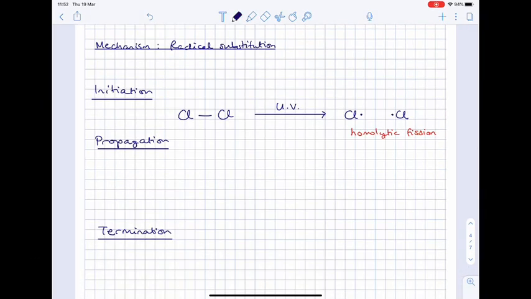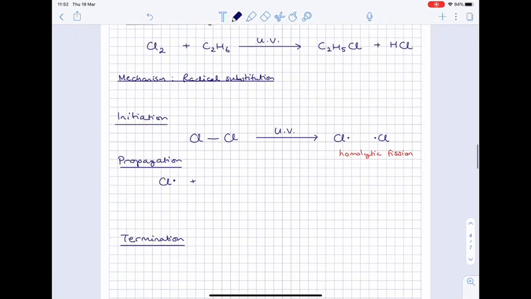We take the radical, we don't have both of them, just one of them, and start our propagation step. So propagation means continue. So we have our chlorine radical, and we're going to have our alkane.